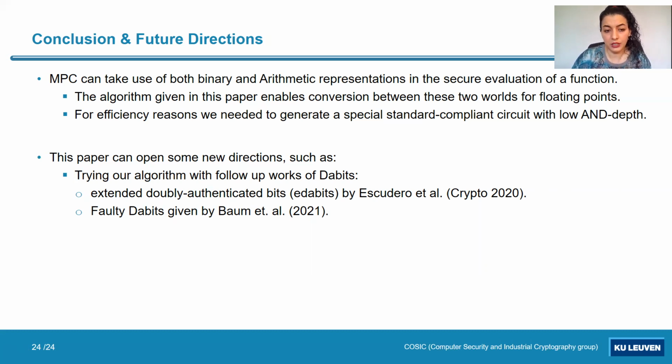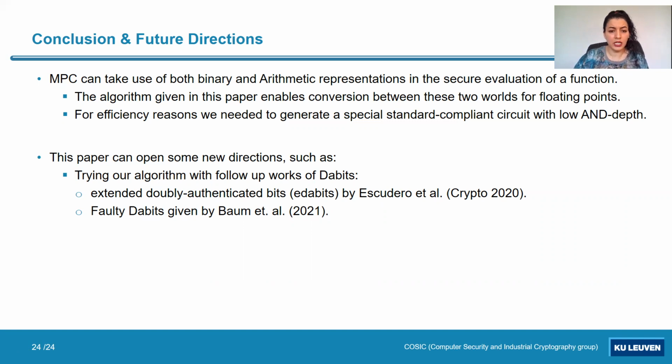But one can try our algorithm with extended DOBITs, EDOBITs, proposed by Escudero et al. in Crypto 2020. Basically, a DOBIT generates two random bits, but an EDOBIT generates a set of random bits in both mod 2 and mod P. So it would be very nice to see the results of our algorithm using these EDOBITs.